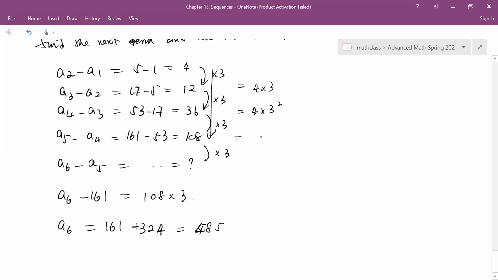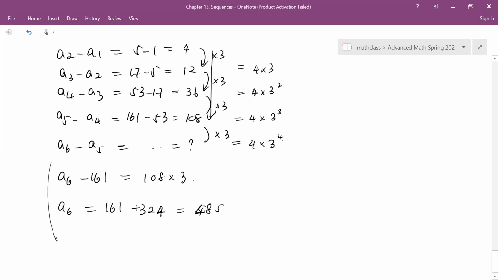This will be 3 cubed, and this will be 3 to the 4th power. So the general term a_n minus a_(n-1) should be 4 times 3 to the n minus 2.